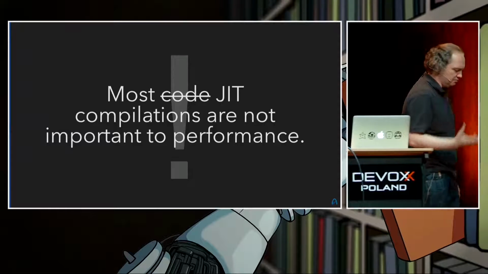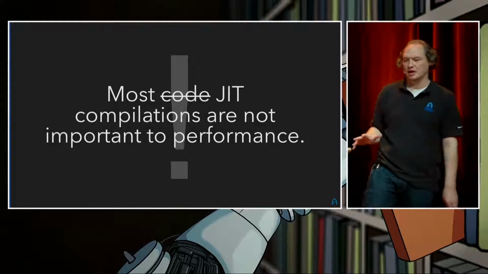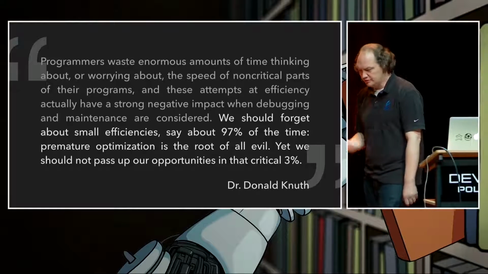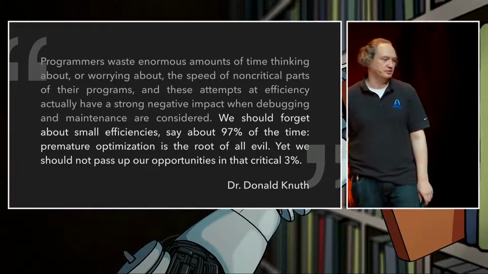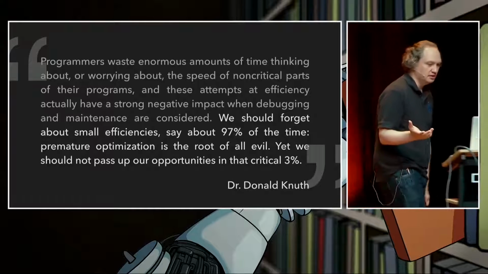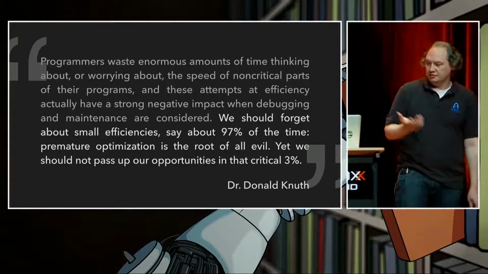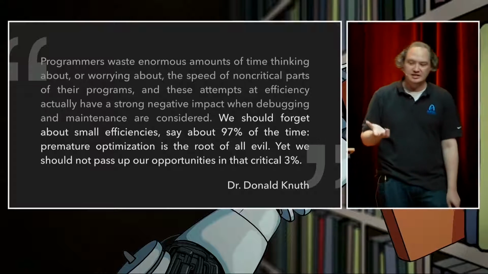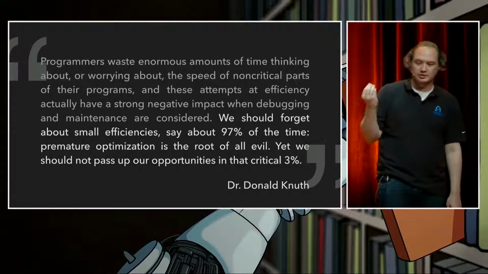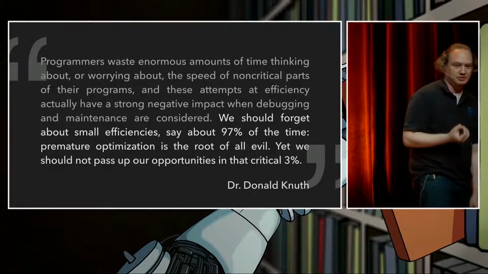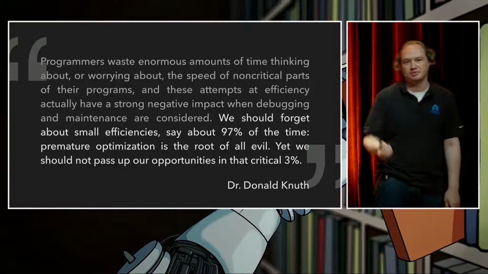So we can see that most of these JIT compilations, they're just not important to performance. And of course, we all knew this. Or at least I hope you knew this. This is just the classic Knuth quote. We should forget about the small efficiencies, say 97% of the time; premature optimization is the root of all evil, yet we should not pass up the opportunities in that critical 3%.